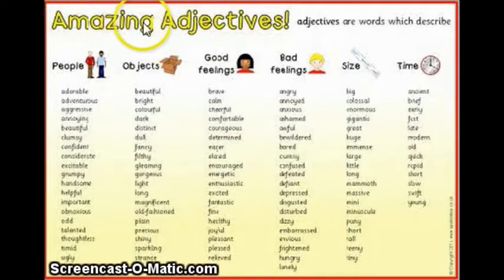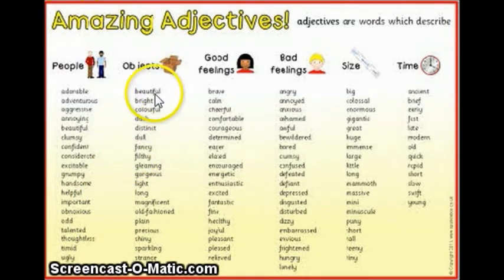Now here we have a list of amazing adjectives, and as the description says, adjectives are words which describe people, objects, good feelings, bad feelings, size, time, or whatever you want to describe. So for example, we can say that a person is adorable, adventurous, clumsy, confident, talented, etc. The same thing with objects.